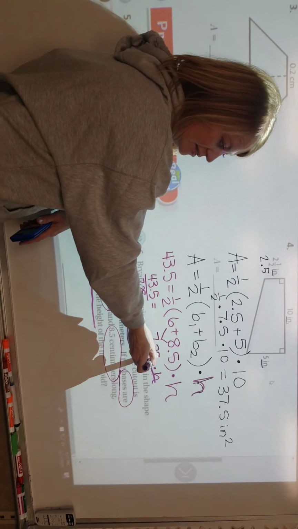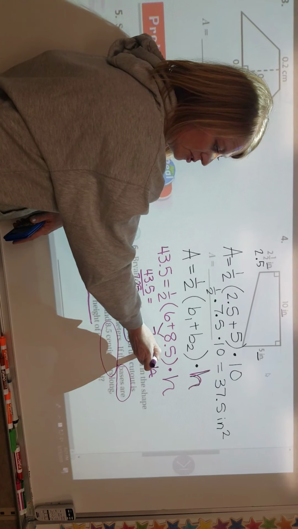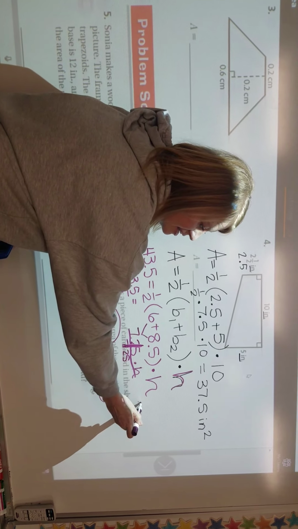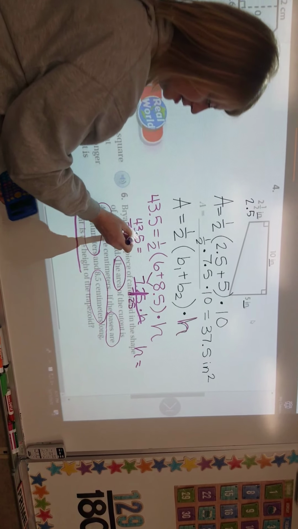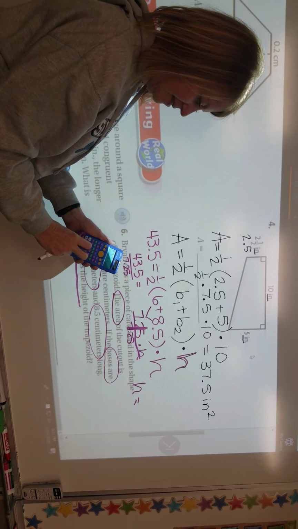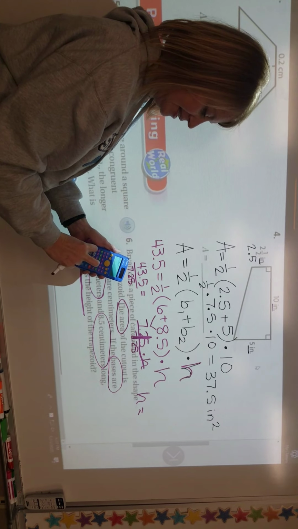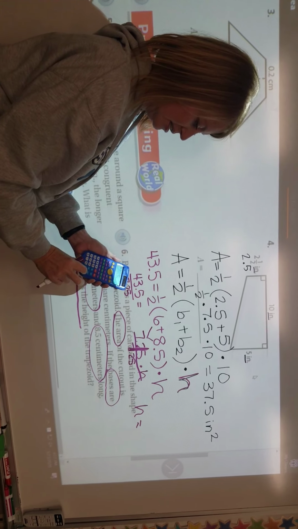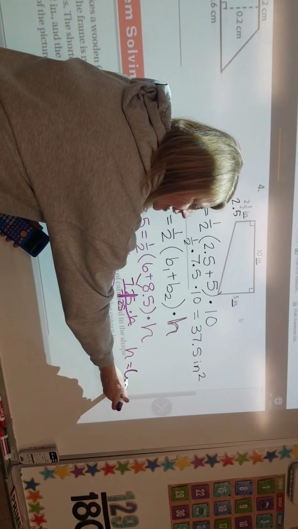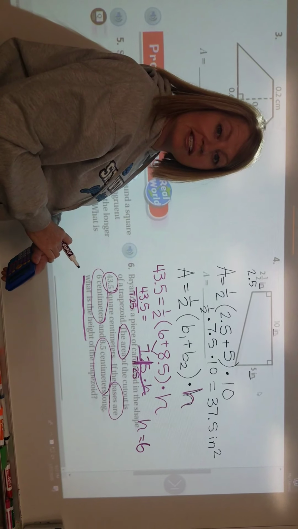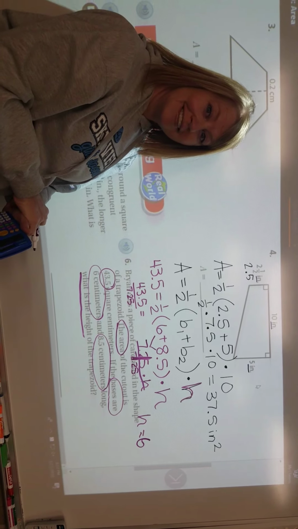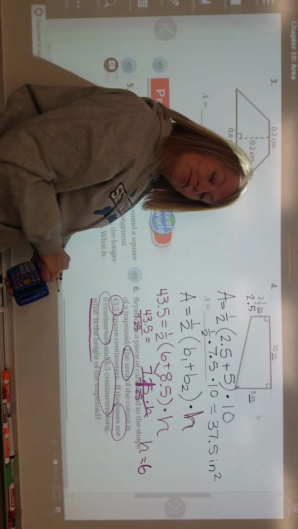So 7.25 divided by 7.25 is 1 h, or just h equals, I'm going to do this in my calculator. That says 43 and 5/10 divided by 7 and 25/100, which is 6. So my height in my trapezoid was equal to 6. Okay, I hope that helps. Miss Natalie and I will be calling you.